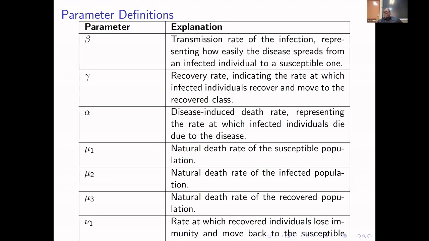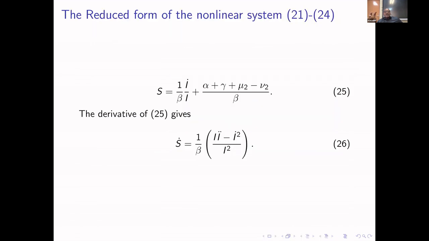So this is just explaining those parameters there. What I actually did here was reduce it to a three-dimensional system with one equation of the second order.